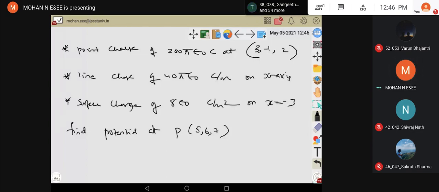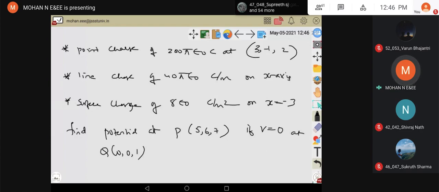Also, V is equal to 0 at Q (0, 0, 1), that means the reference voltage is not at the origin. That means the reference voltage is not at infinity, so it is other than infinity.